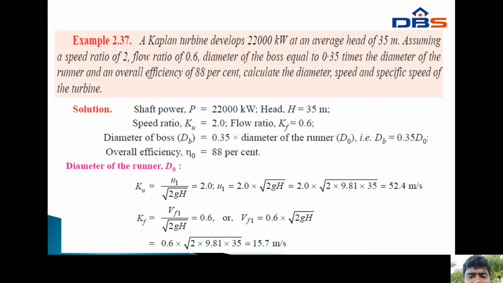Next, Kf means flow ratio. Kf equals Vf1 by root of 2gh, that equals 0.6, so Vf1 equals 0.6 into root of 2gh. Therefore, Vf1 is 15.7 meters per second.